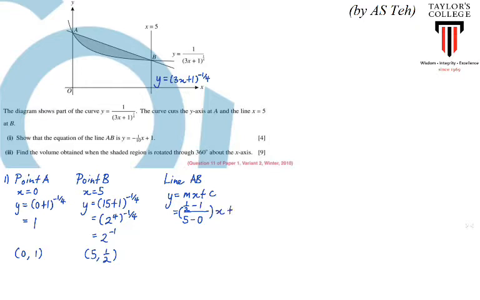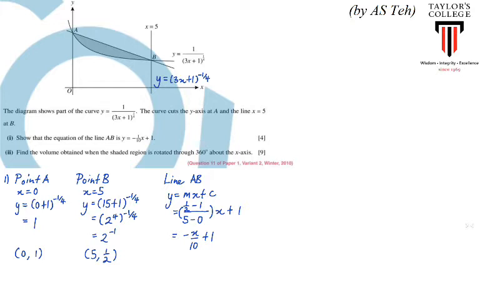And the intercept on the y-axis, we know, is 1. This gives us the equation y equals negative x over 10 plus 1. If we double check, the incline is negative, which makes sense because from our graph the line has a slope that is going downwards.